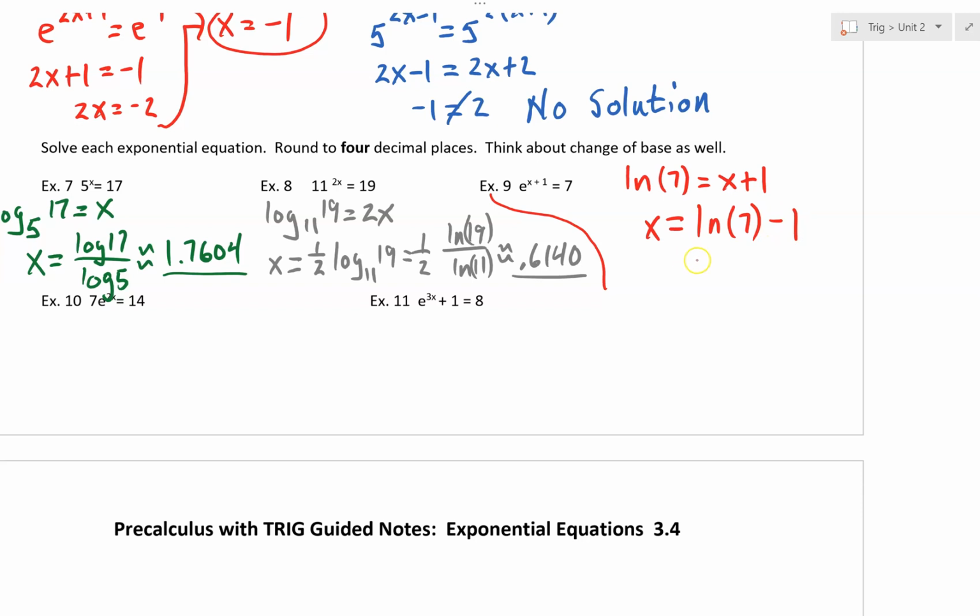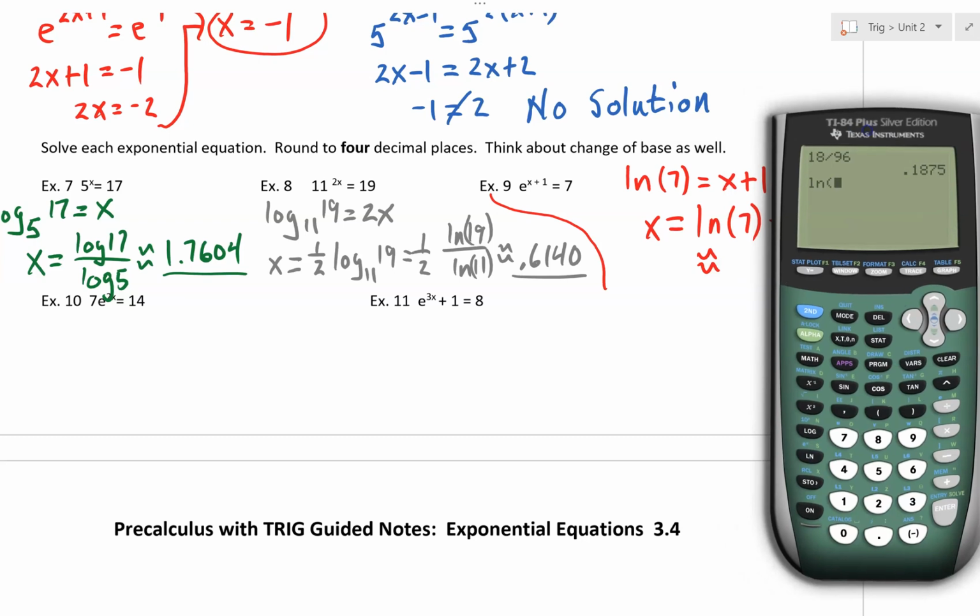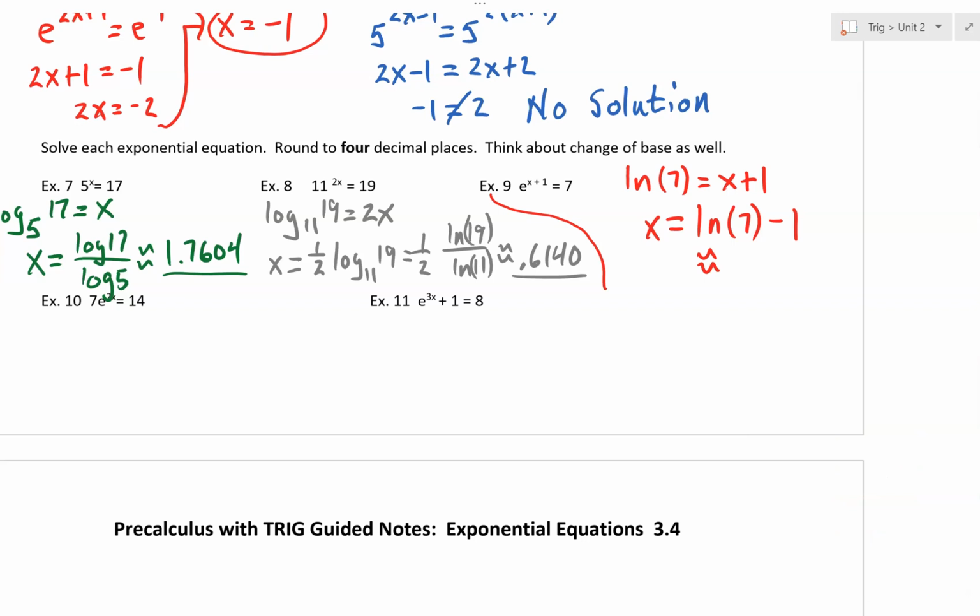Plug that in your calculator to get an answer for this one. It's going to say the natural log of 7 minus 1. You're going to get an answer of 0.9459. That would be our answer.